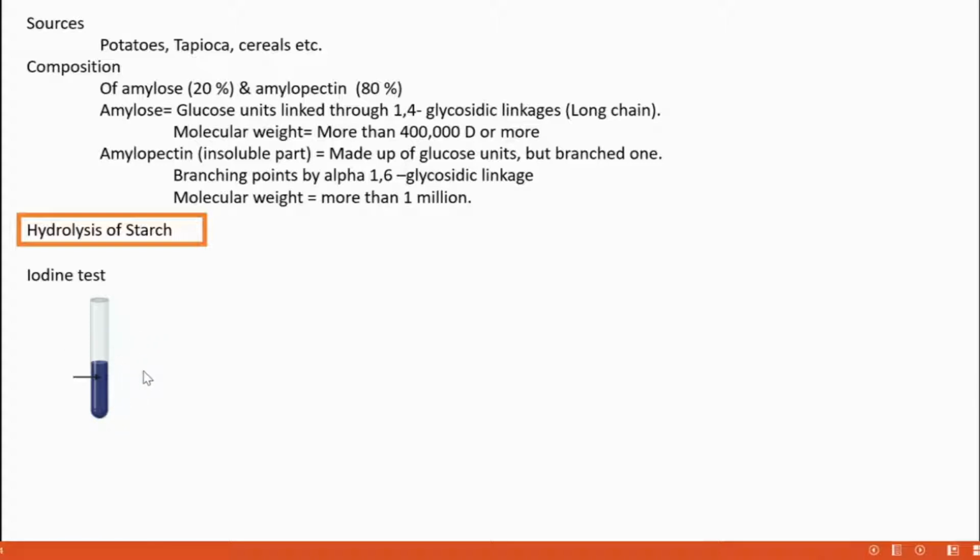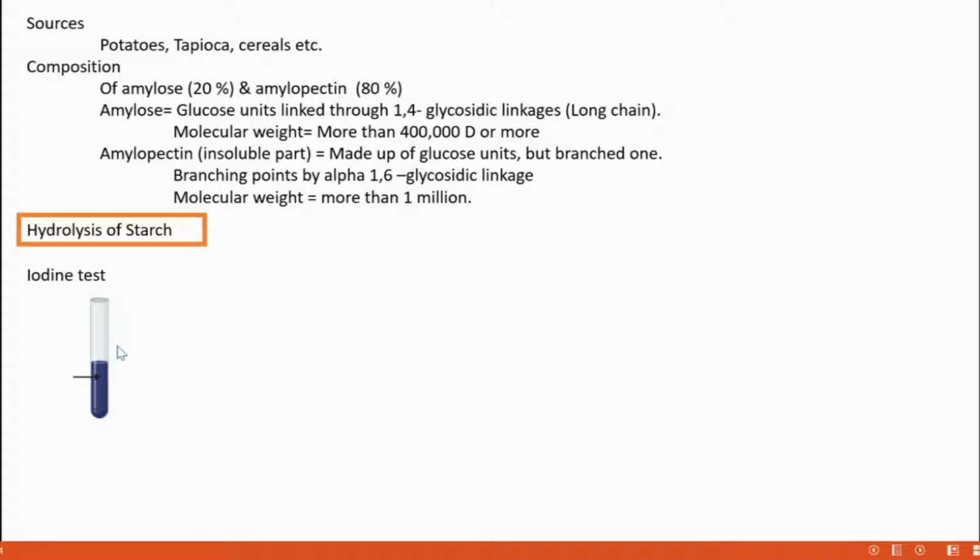Then if we heat that solution, what will happen? It will turn colorless, and then on cooling this solution becomes blue again, because the starch is forming again, the bonds are reconstituted.